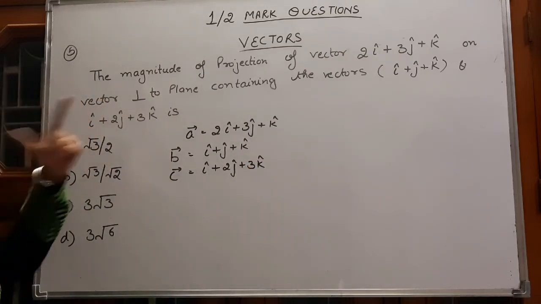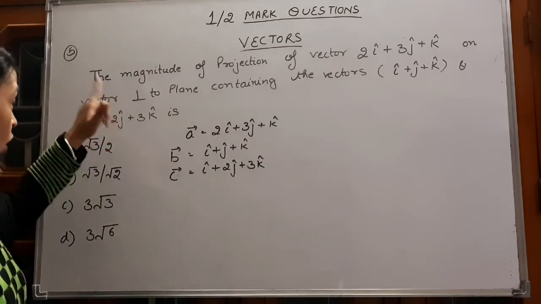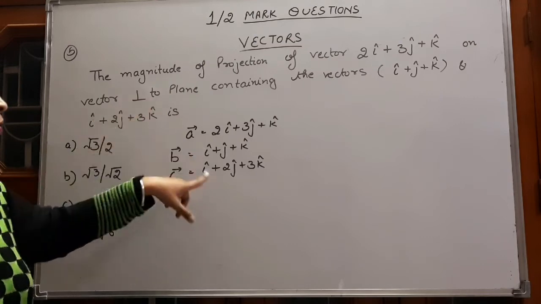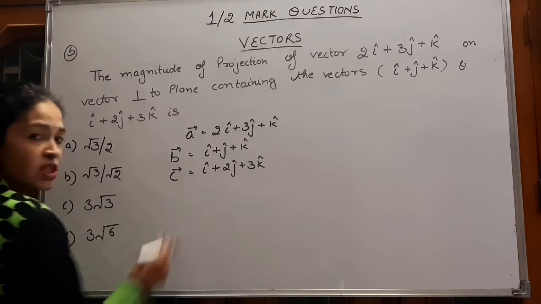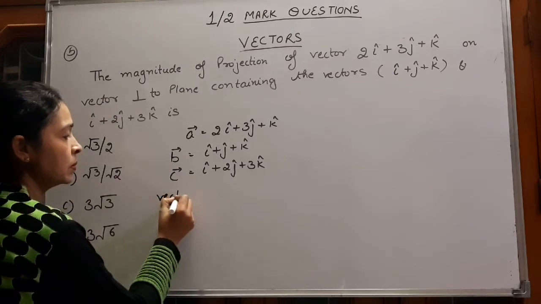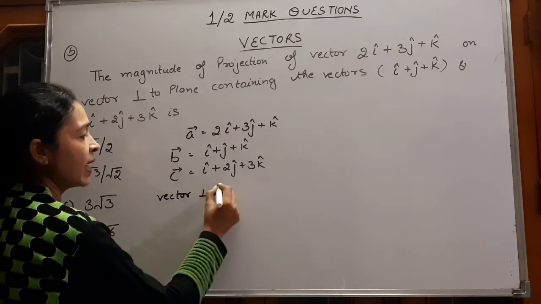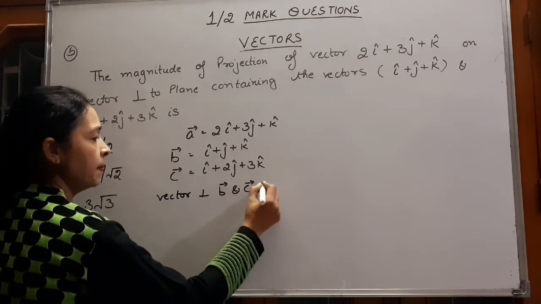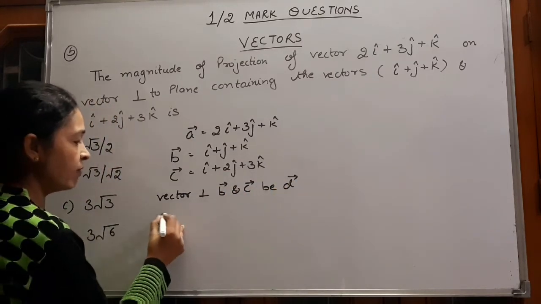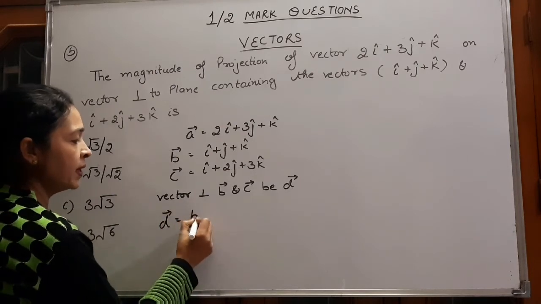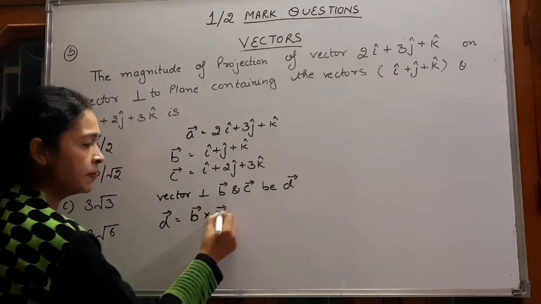We have to find the projection of vector A on a vector which is perpendicular to vector B and vector C. Let the vector which is perpendicular to vector B and vector C be vector D. How can we find vector D? Vector D will be vector B cross vector C.